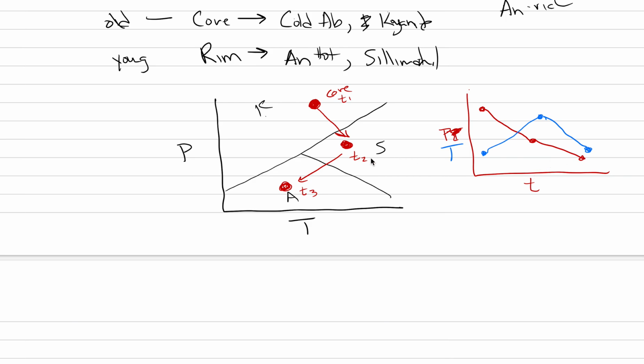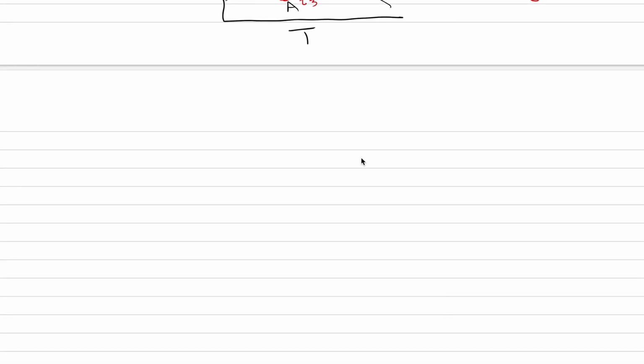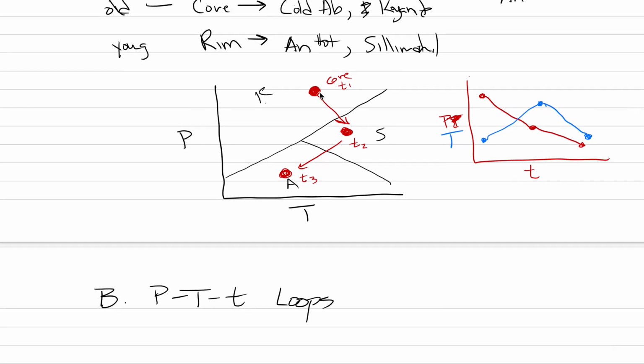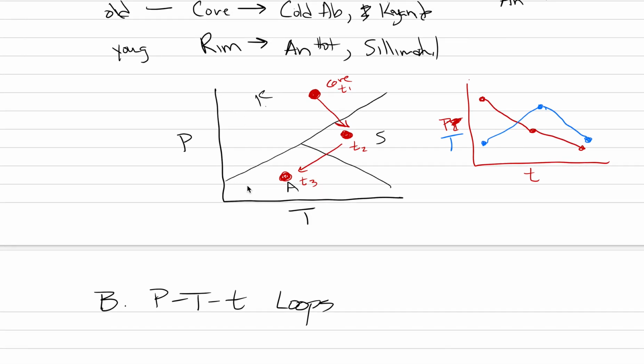Now, this concept is called a PTT loop. And we'll put this as a big capital B in this lecture. We're going to call it PTT loops. And we started to form a loop here, right? It's supposed to be a circle. Here's the surface of the Earth.